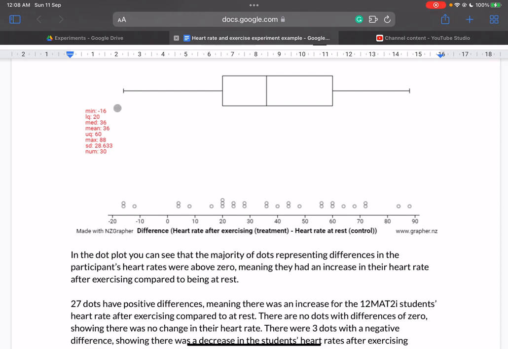So that means some participants, the participants who were lowest down on the scale, had a decrease in their heart rate after exercising, whereas the participants a quarter of the way through had an increase. So that means we have 1, 2, 3/4 of the participants at least had an increase in their heart rate after exercising. So that's 75% here.